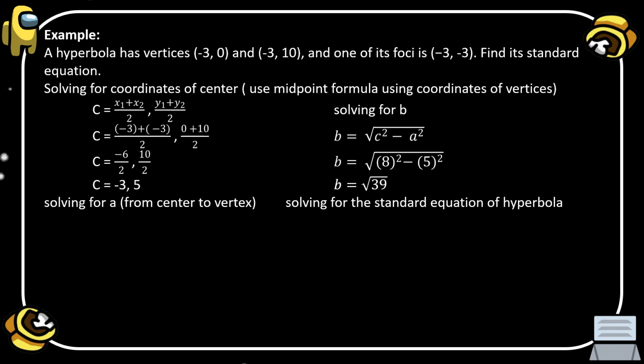Still 5. So, the value of a is 5. And 5 minus 0 is still 5.